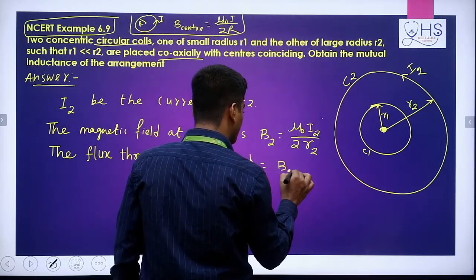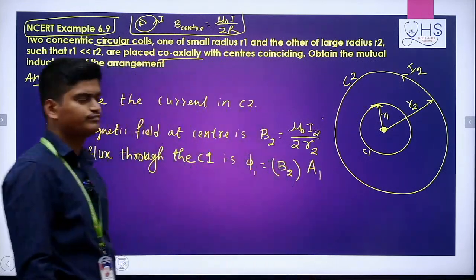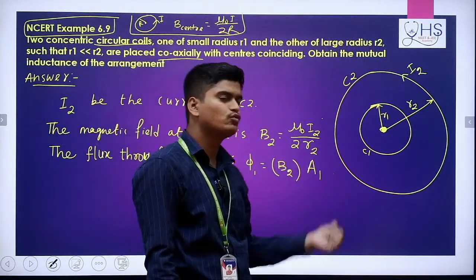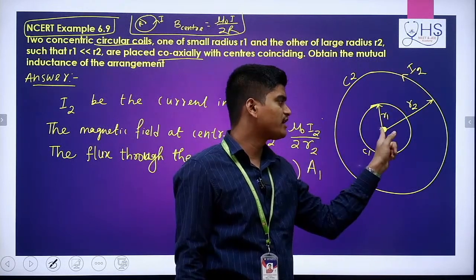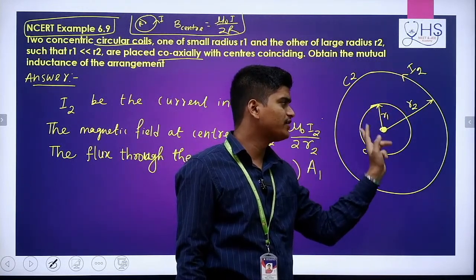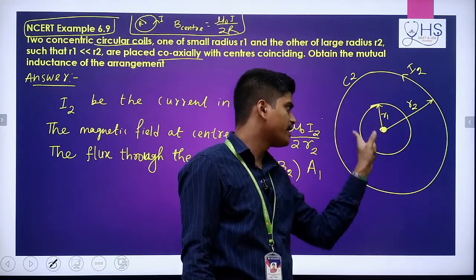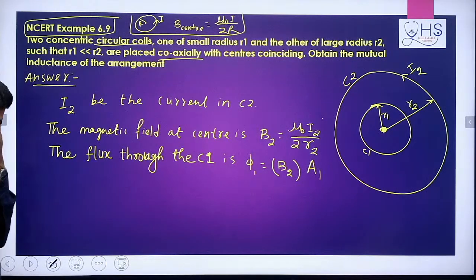That will be the magnetic field of coil 2 into the area of coil 1. Okay, because flux, phi 1, is basically B into A. As current is flowing in the second coil, some magnetic field is there due to the second coil. And A1 area will be there. So that's why B2 into A1 is the total flux for coil 1.